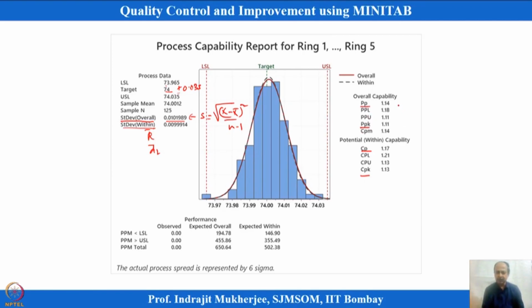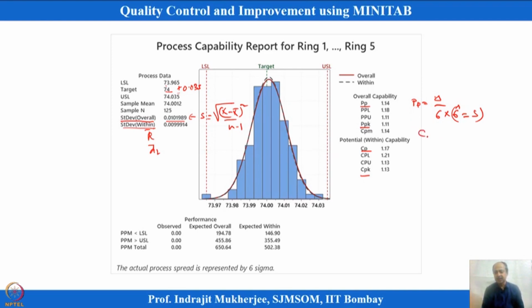In this case also the formula remains the same. So, PP will be equal to delta divided by 6 multiplied by the standard deviation estimation. The estimation will be replaced by S, and this is the long term process standard deviation. So, only the estimation of sigma will change.